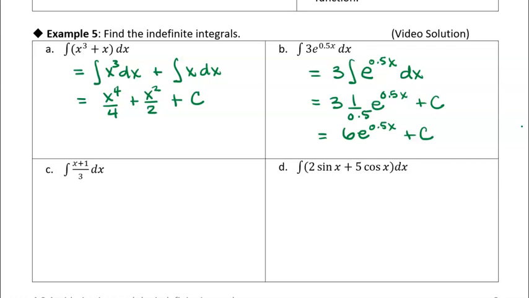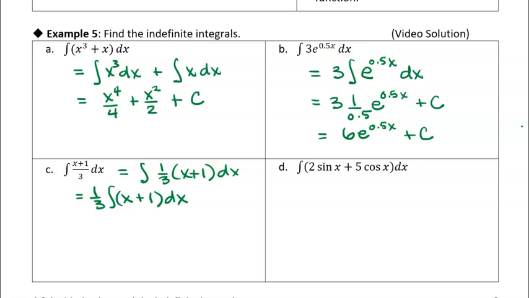Okay. All right, let's look at this next one. Now we have x plus 1 and everything is divided by 3. So that is just the same as finding the integral of 1/3 times x plus 1 dx. Then I can pull that 1/3 out of the integral and take the antiderivative of x plus 1 dx.